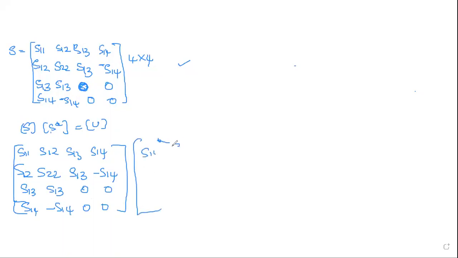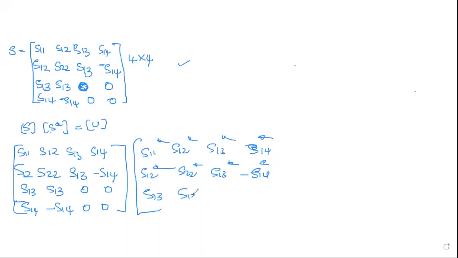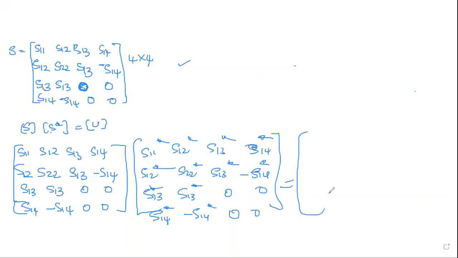It will be S11 star, S12 star, S13 star, 0; S12 star, S22 star, S13 star, S14 star; minus S14 star; S13, S13 star, 0, 0; S14 star, minus S14 star, 0, 0, which is equal to the unity matrix 1, 0, 0, 0, 0, 1, 0, 0, 0, 0, 1, 0, 0, 0, 0, 1.